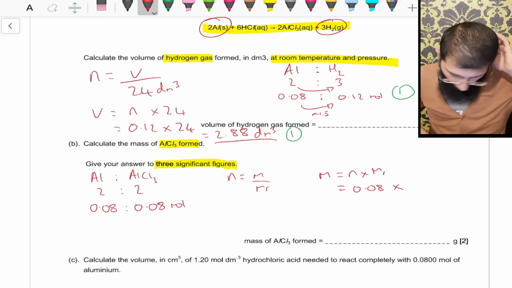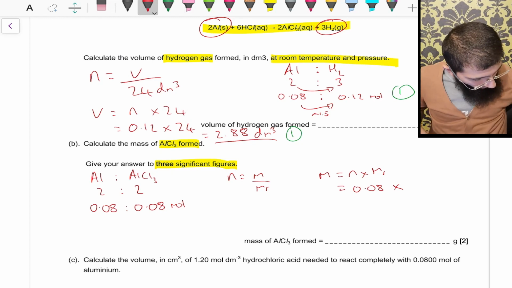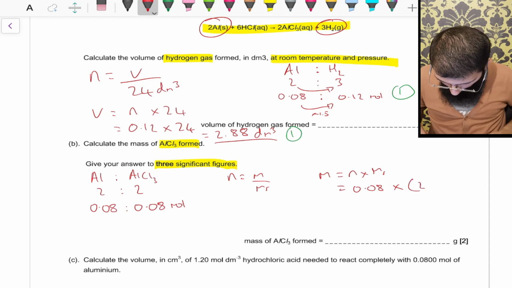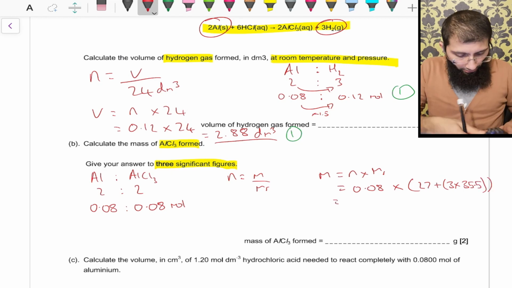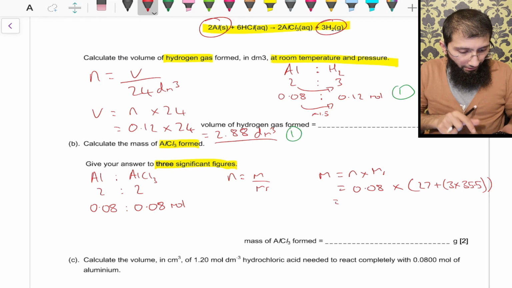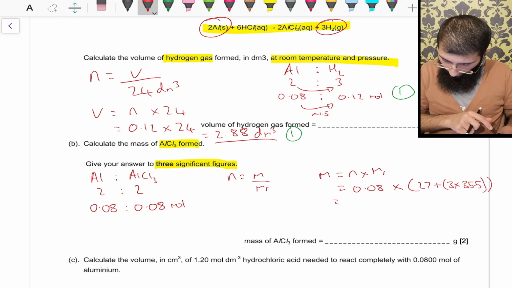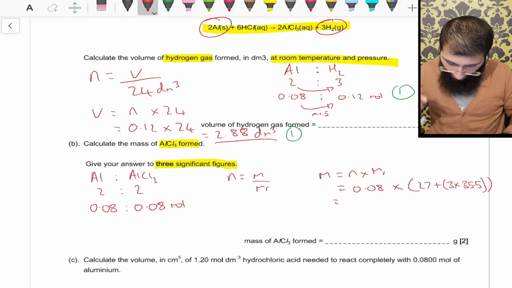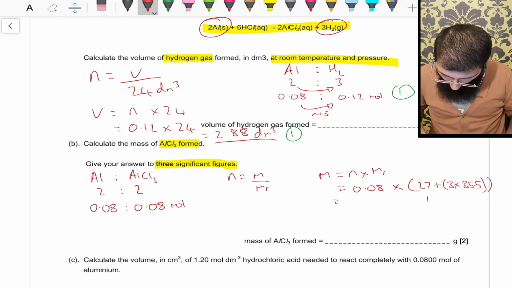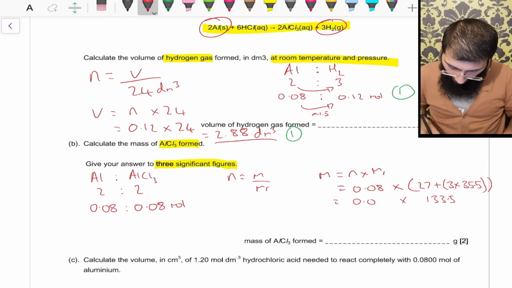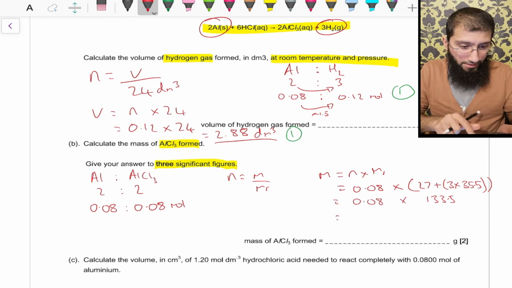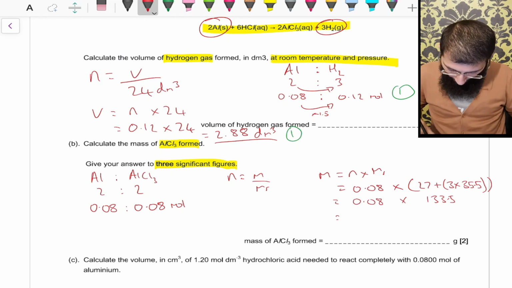So we've got aluminium 27 plus 3 times 35.5. So 35.5 times 3 plus 27, that's the Mr. So we get an Mr of 133.5. We're going to multiply by 0.08, and we end up with 10.68 grams.